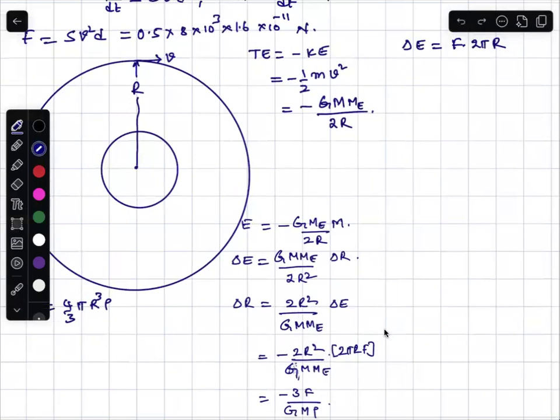You can write it as half capital M V square also.